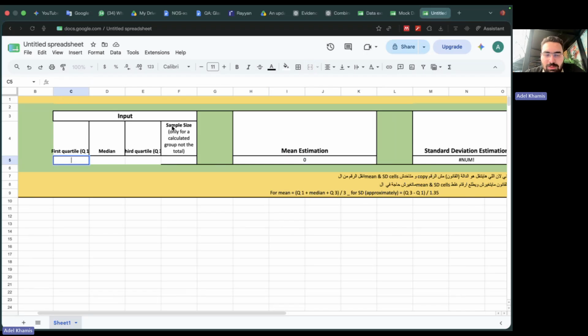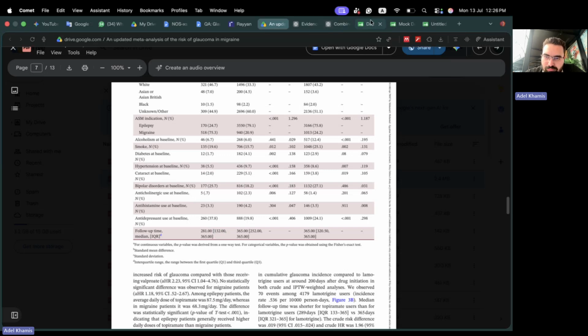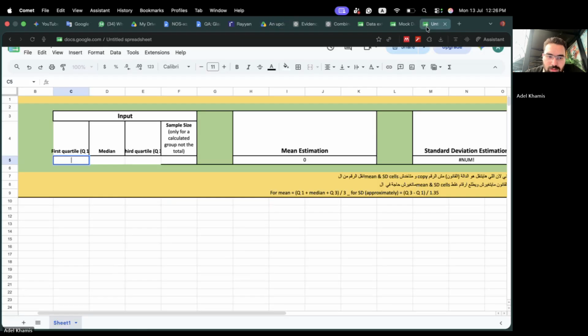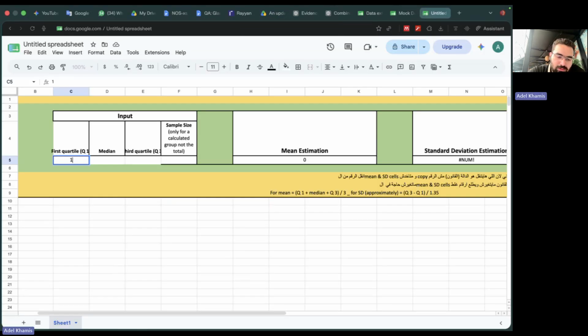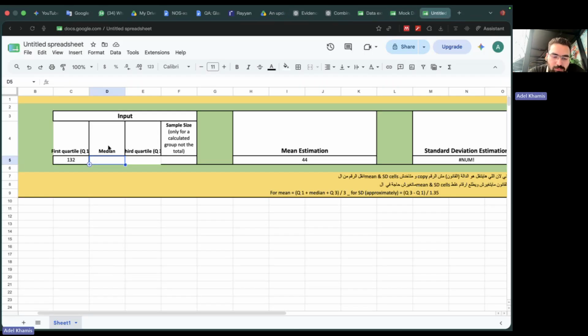So the first interquartile range in our example was this number, 132 days, and the median here in our example was 281. Sorry, yes, 281.